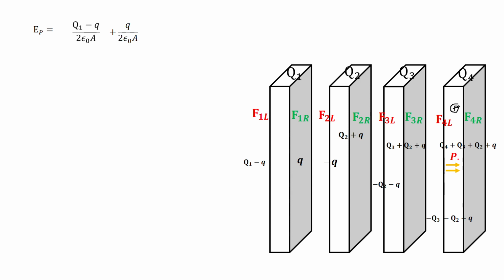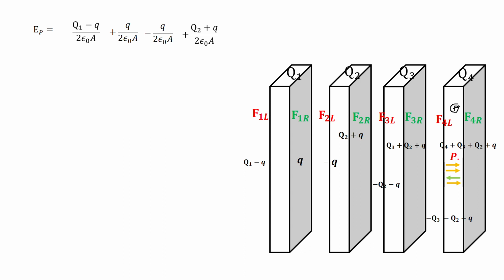Plus sign is for the rightward direction. Similarly, for minus Q, it will be in leftward direction because it will attract the positive charge toward itself. So the electric field will be minus Q divided by 2 epsilon naught a. Likewise, for Q2 plus Q, it will push the charge towards right, so the electric field will be Q2 plus Q divided by 2 epsilon naught into a.